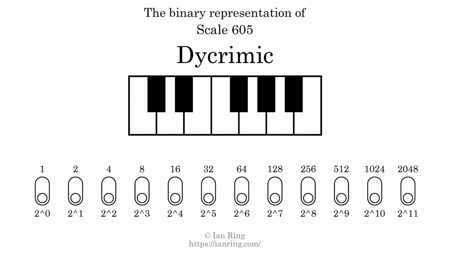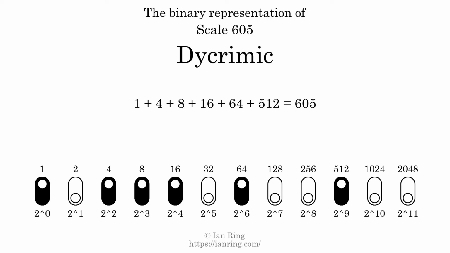The binary representation of this scale is determined by mapping tones of the scale to binary digits. Each binary digit represents a power of 2. To get the scale number, we add the powers of 2 together. The powers of 2 that are present in the scale, all added together, equals 605.